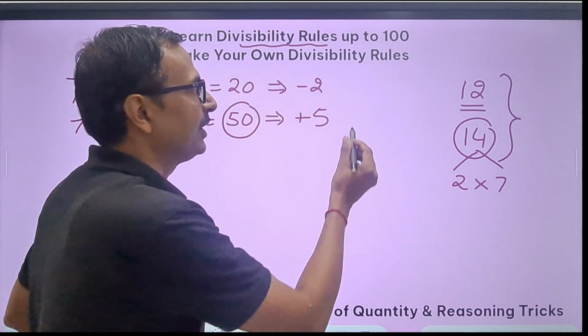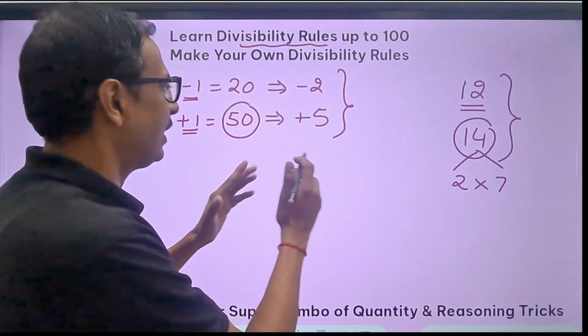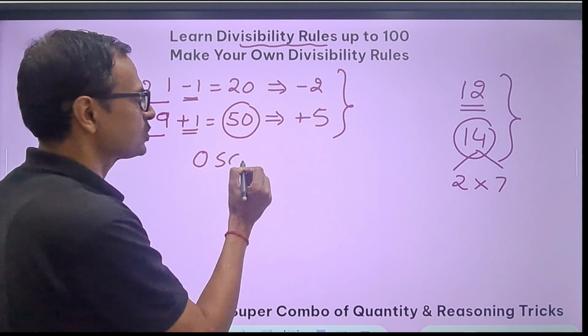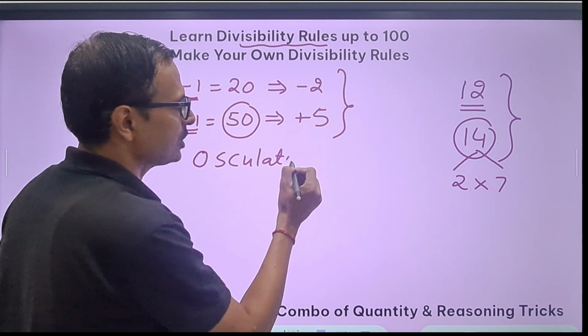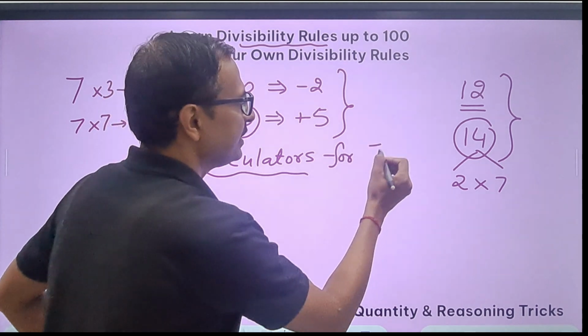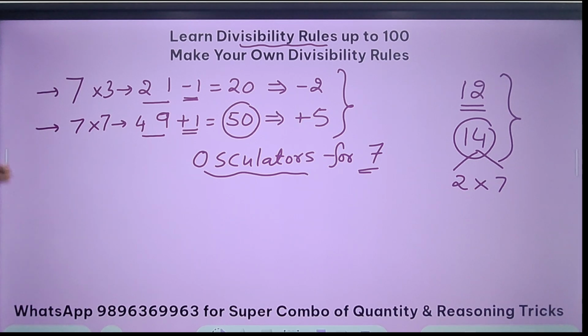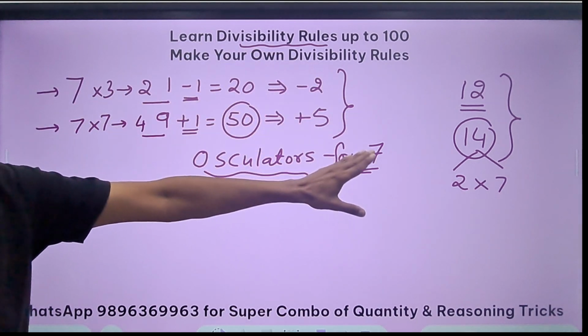So plus 5. Now these two numbers, minus 2 and plus 5, are known as the oscillators for checking divisibility by 7. Because I started with 7, I found the oscillators for 7.